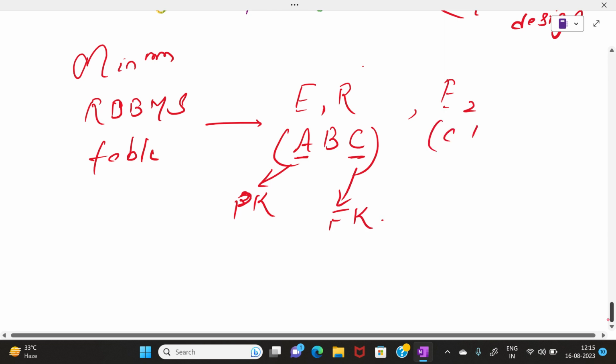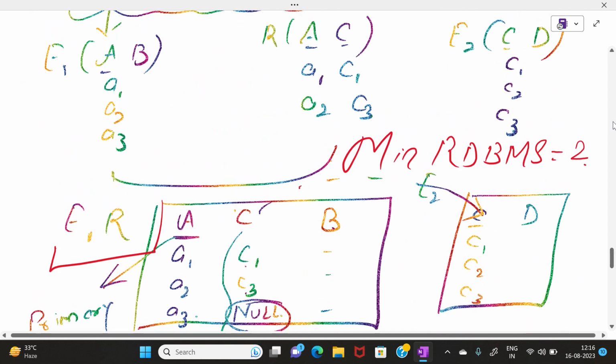And for E2 it will be C, D, C being the primary key here, and this foreign key refers to this. So this could be the combination or vice versa, like E2R and E1. So this could be the minimum RDBMS design.